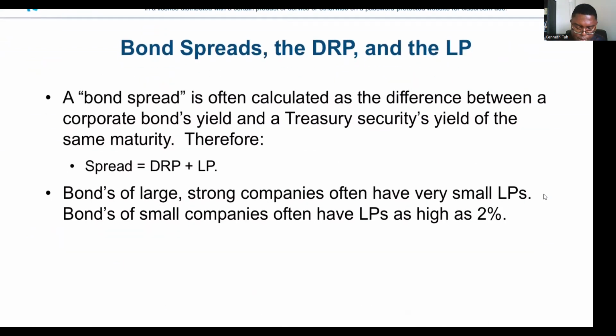Spread is also an important concept. A bond spread is often calculated by taking the difference between the corporate bond yield and the Treasury security yield of the same maturity.